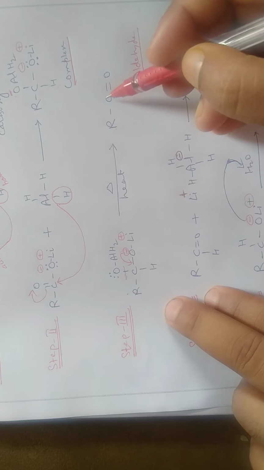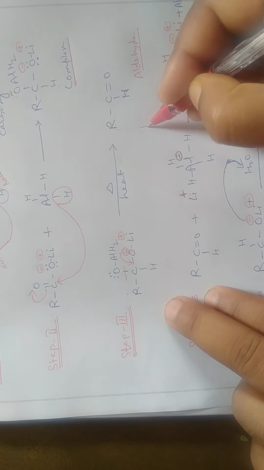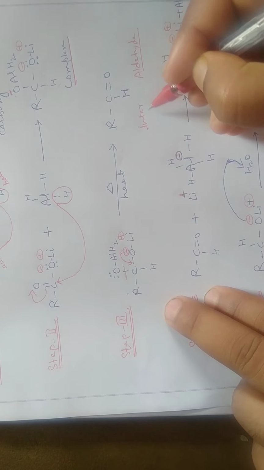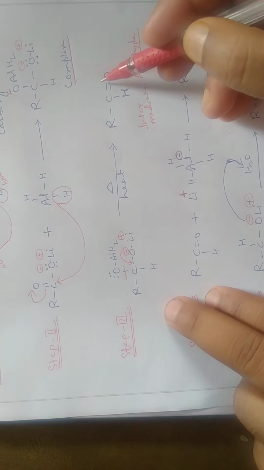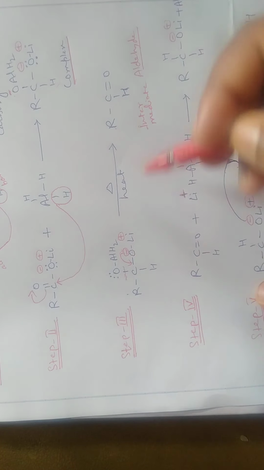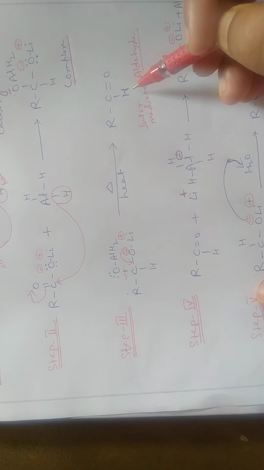So you can see here RCH double bond O. So it is an intermediate stage. So in the third step we see that in the intermediate state an aldehyde is formed.